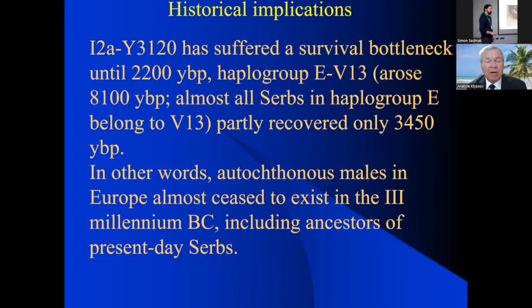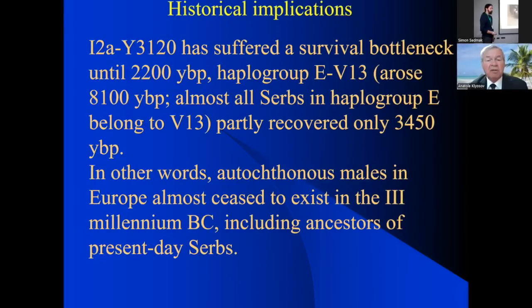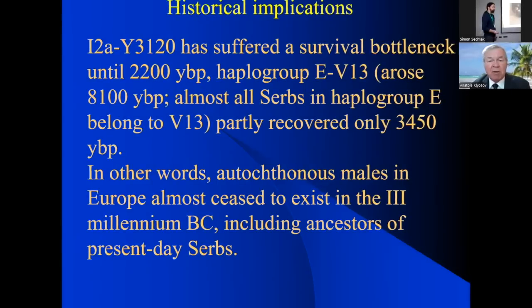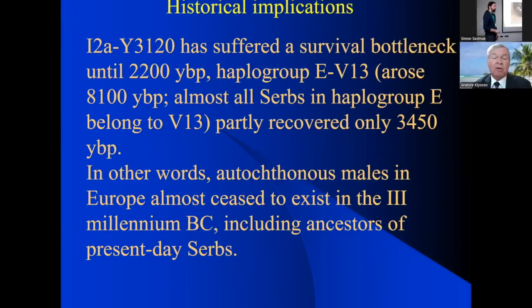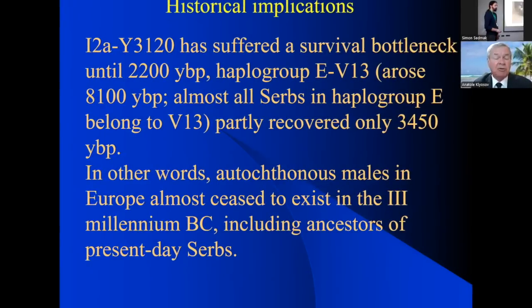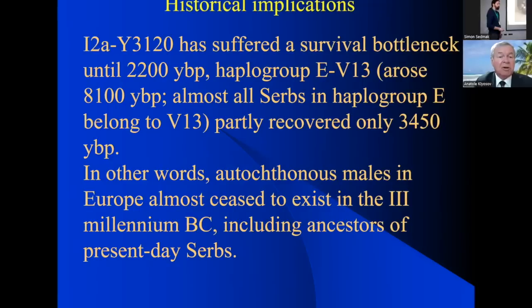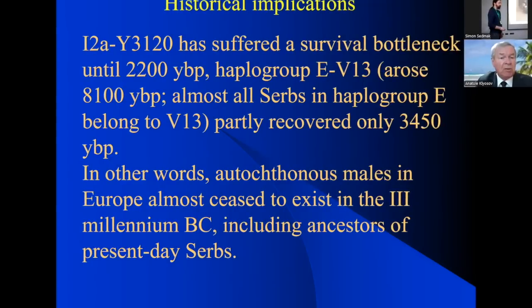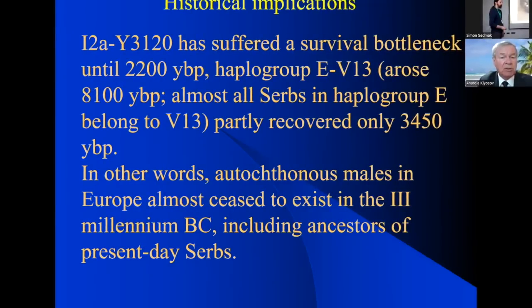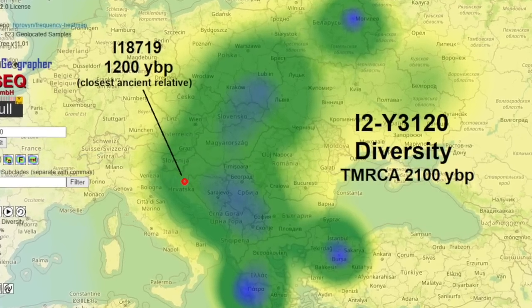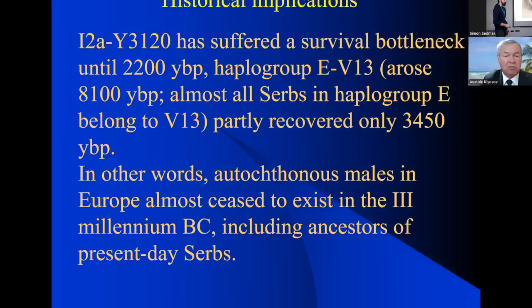Everybody else, all other haplogroups, are descendants of a minimal number of people who survived in Europe, or they came back to Europe in rather recent times. So I repeat that I1a, Y3120, suffered a survival bottleneck until 2,200 years ago.